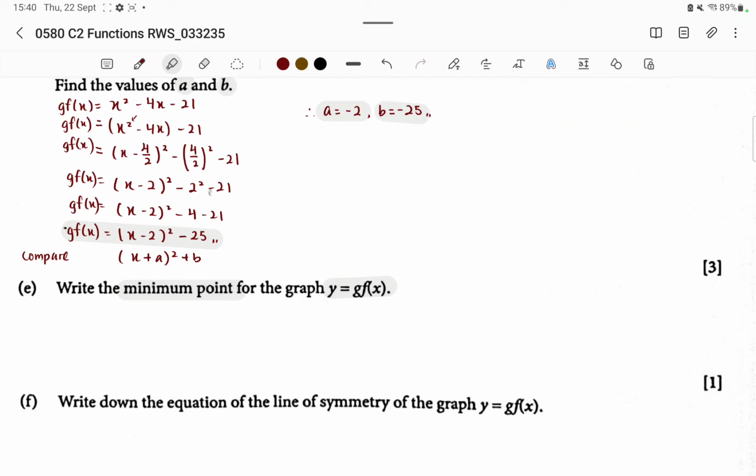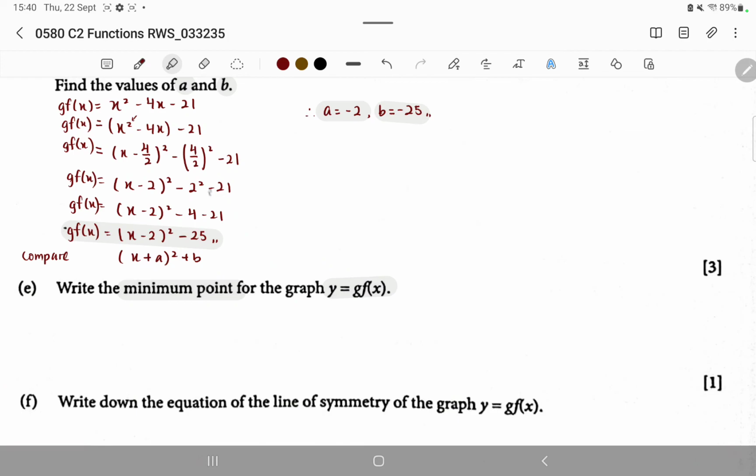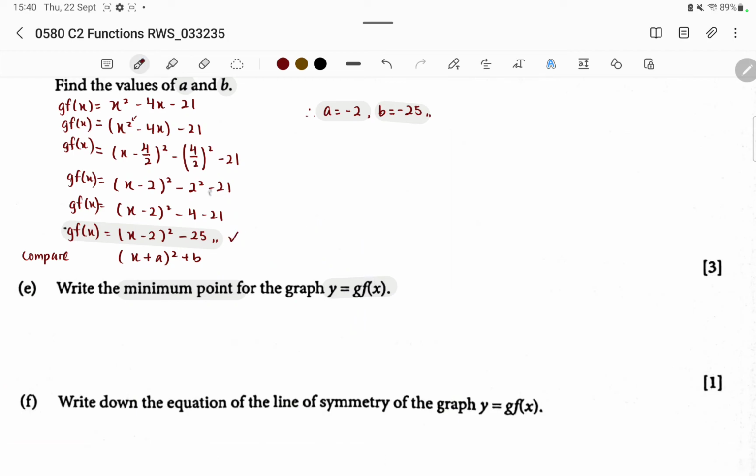Actually very easy when you already have the completed square form. We already know that gf(x) equals y equals (x minus 2) squared minus 25.